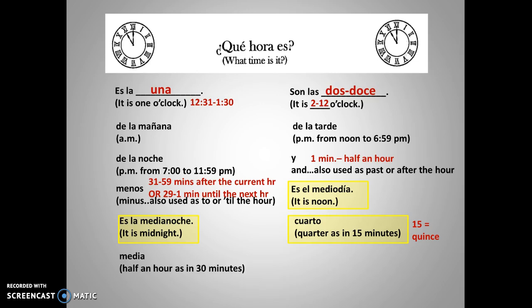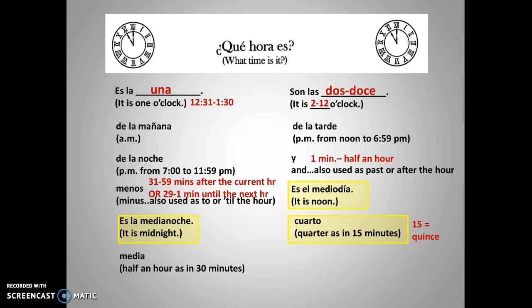You also need to know 30 minutes, and this isn't really the word for 30, but it's half, as in half an hour. Media means half, so you have to use that one. That's not an option. You don't get the choice of saying 30 or media, you have to use media. You also only use media with y. You would never say menos media, minus 30.